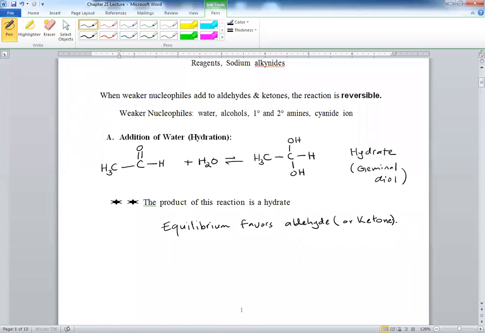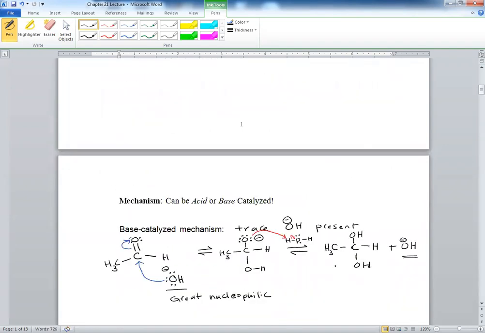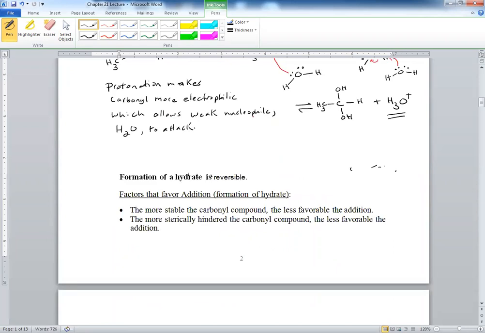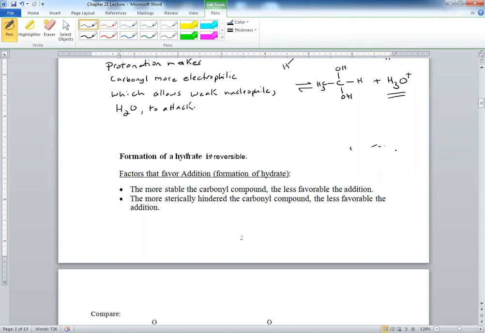However, that doesn't mean that we can't increase the likelihood of forming the hydrate. We can do that, but we have to look at a few factors as we discuss here. So the factors that favor the addition, the formation of the hydrate: the more stable the carbonyl compound, the less favorable the addition.